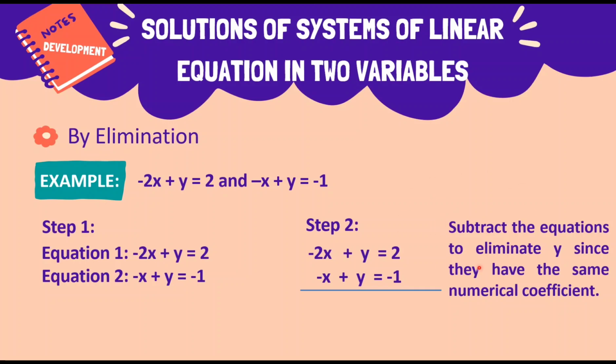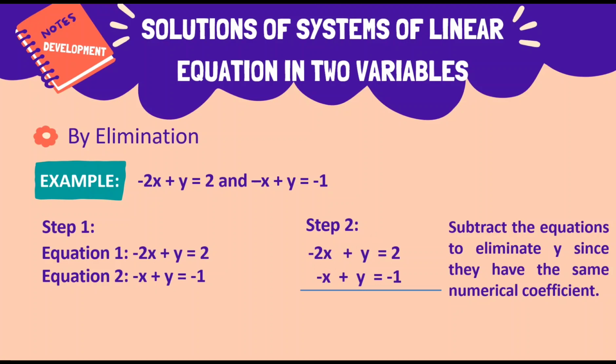Let us subtract negative 2x minus negative x. What will be our answer? Since negative 2x minus negative x, negative times negative x is positive x, so it becomes negative 2x plus x. So it becomes negative x.